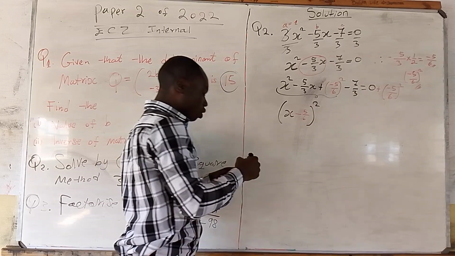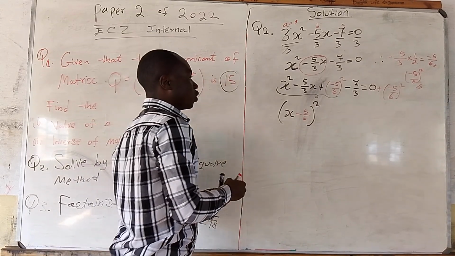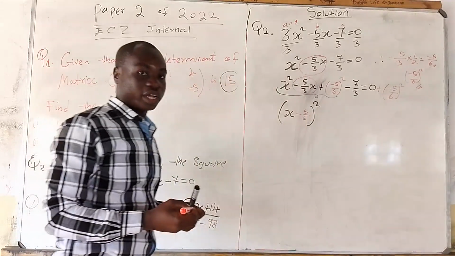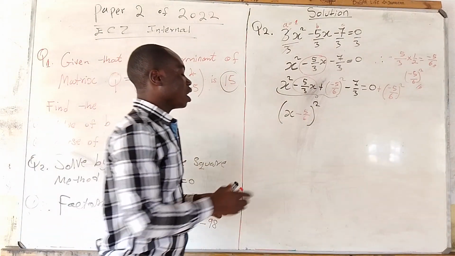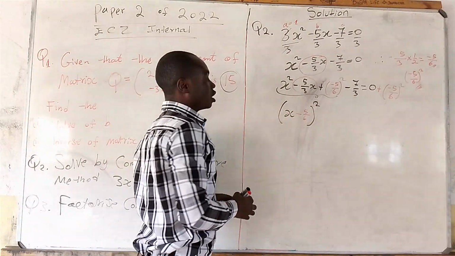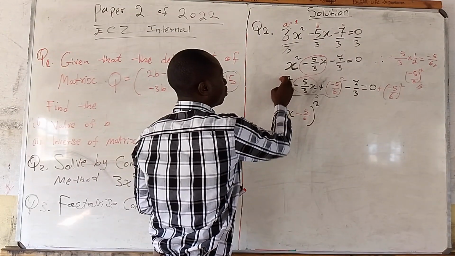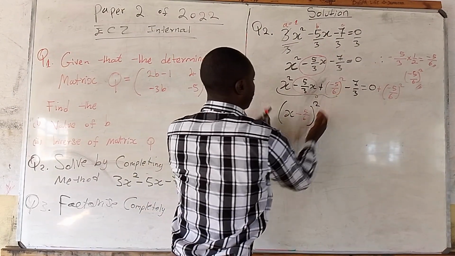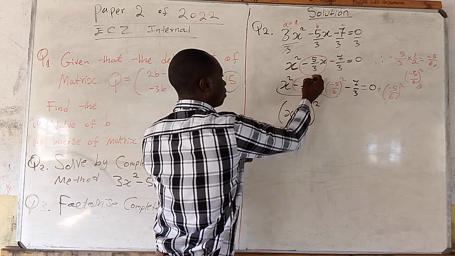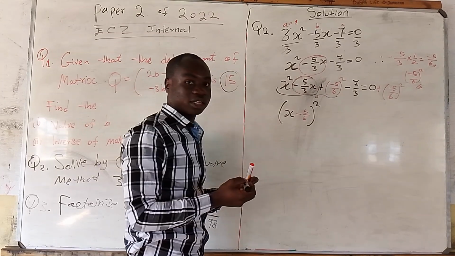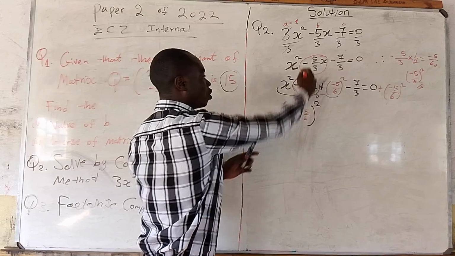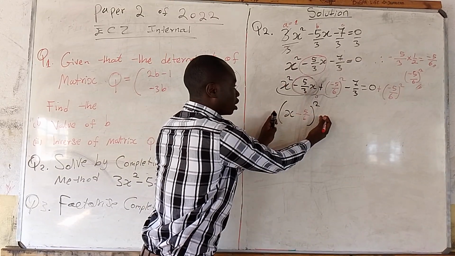The reason for doing this is that you can see that this part has been left out. So where has it gone? This x minus 5 over 6 squared is the factor of the whole of this part. If we expand x minus 5 over 6 squared, we are going to yield back this part, which we take as the sum. That is why we just ignore it. We leave it out because it is accommodated in this expression.